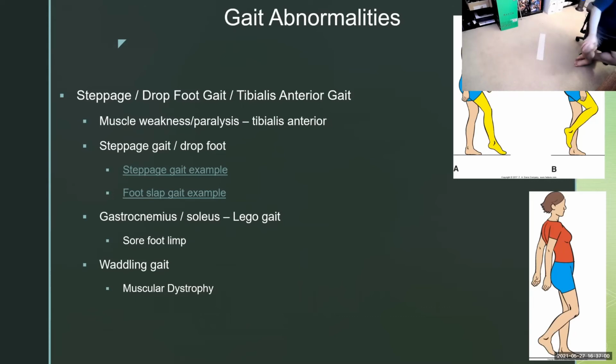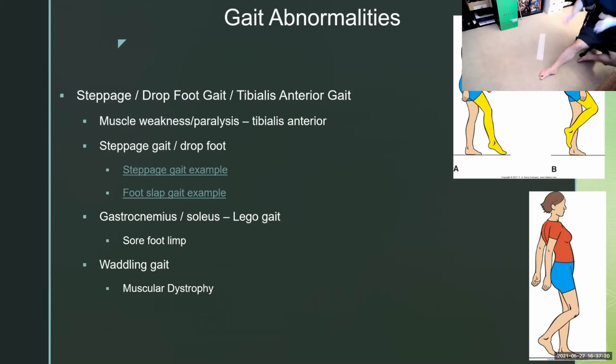So if I had a right knee replacement, or maybe I've had right ankle surgery, I'm going to probably end up with a gastroc gait, or again, some of the doctors call it Lego gait or antalgic gait on that right side.